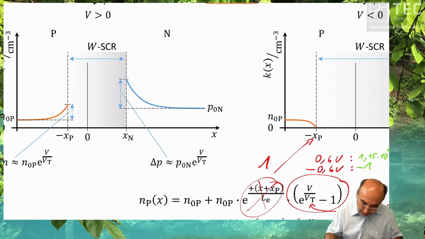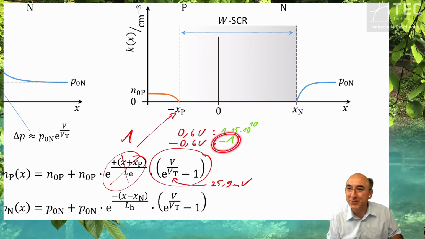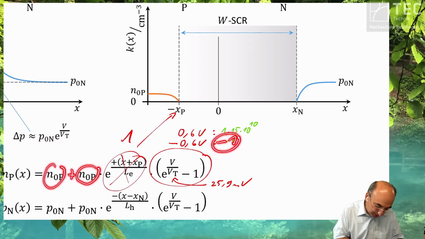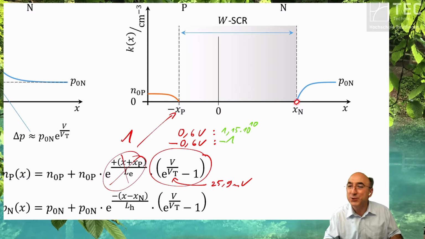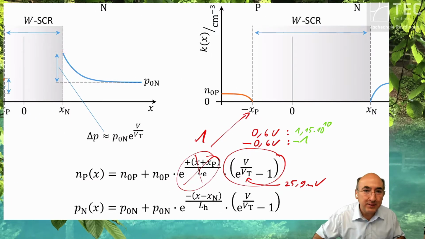And the only thing which is not a lie is the reverse voltage. Because if you minus 1 times this plus this is 0. So this point is true. But this point is not in scale.